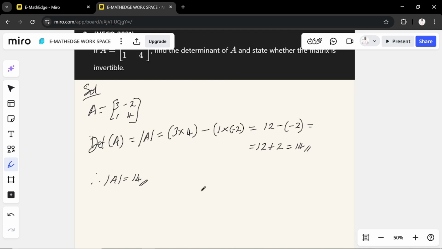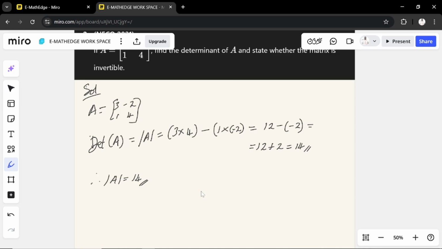So the next thing to do is to verify whether the matrix is invertible or not. And I can tell you, with the determinant we've gotten to be 14, that this matrix is invertible. Why?